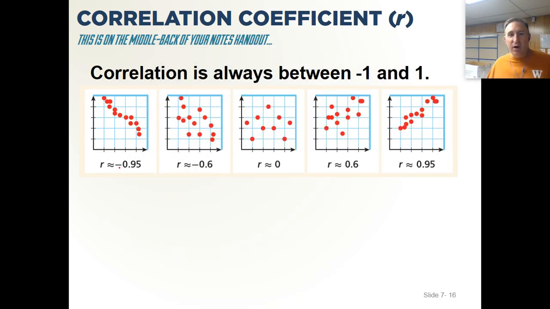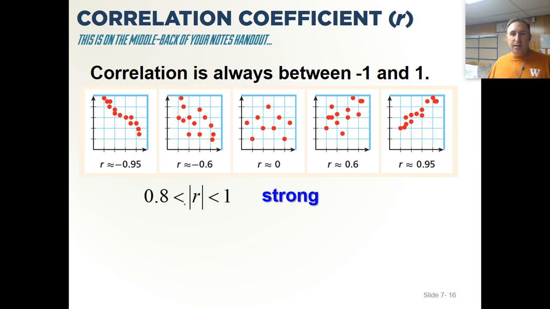So if we have an r that is around negative 0.95, if you look at the negative sign, all this is telling us is the direction. Negative, as we go to the right, we're going down. But the magnitude of the value is telling us the strength.